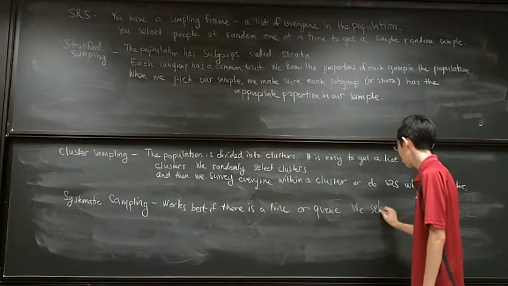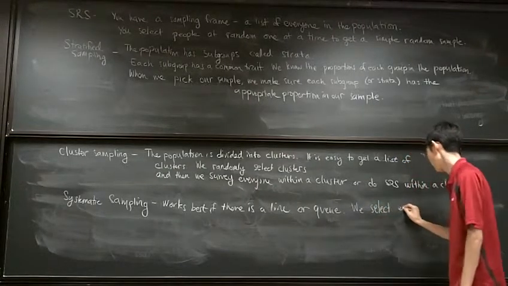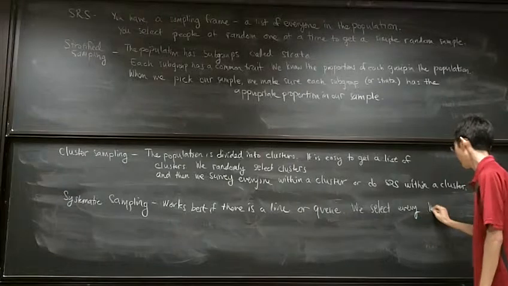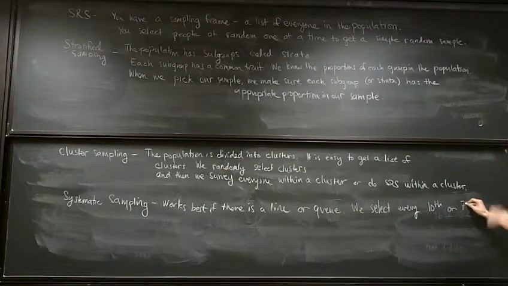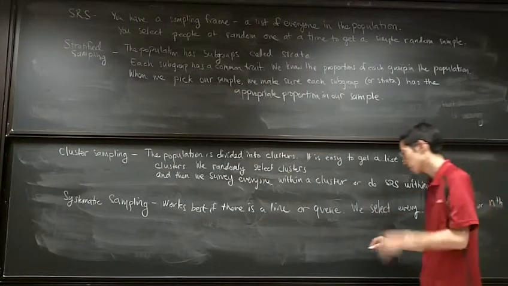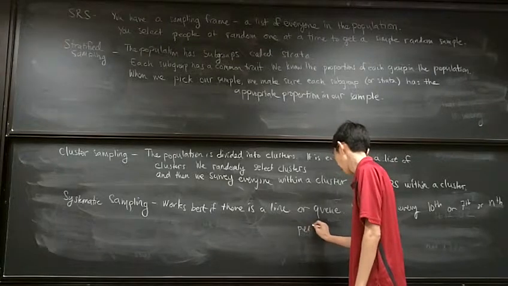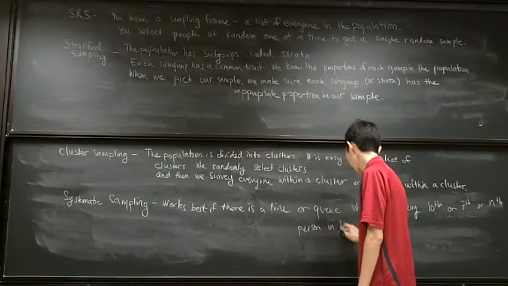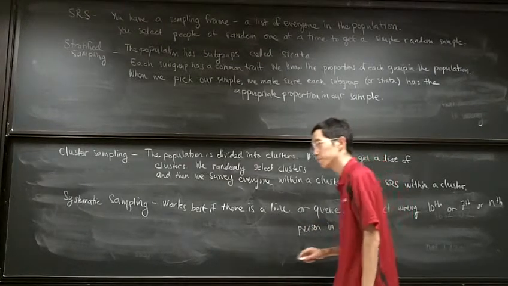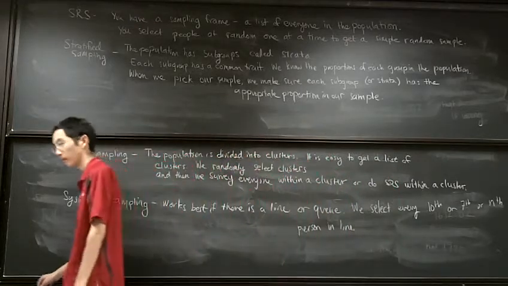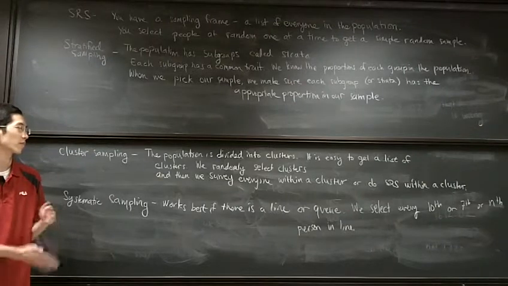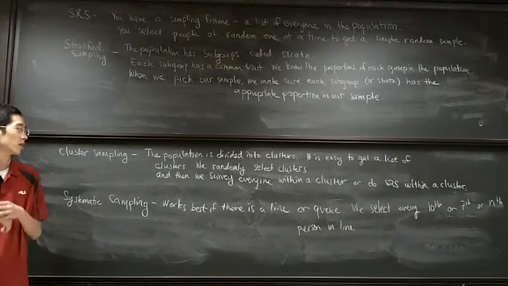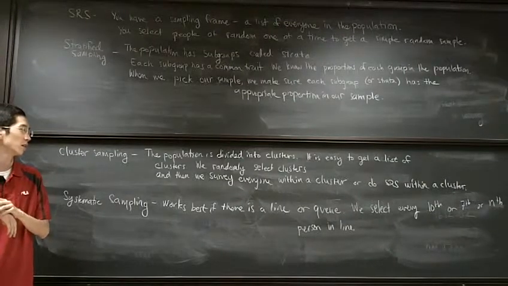And then we select every 10 or 7 or just n person in line. Okay.